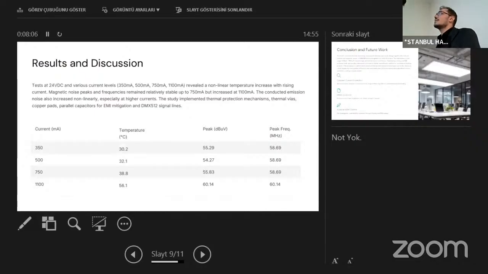Results and discussion. Tests were made at 24 volts DC and various current levels. There was a nonlinear temperature increase with rising current. Magnetic noise peak and frequency remained relatively stable up to 750 milliamps, but increased at 1100 milliamps.